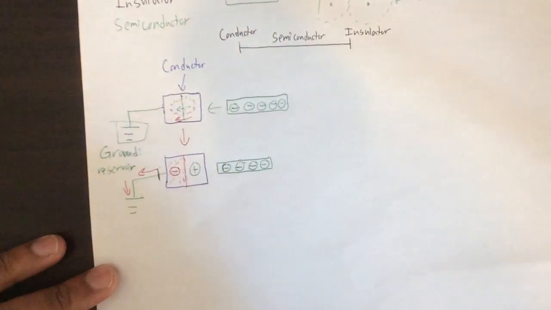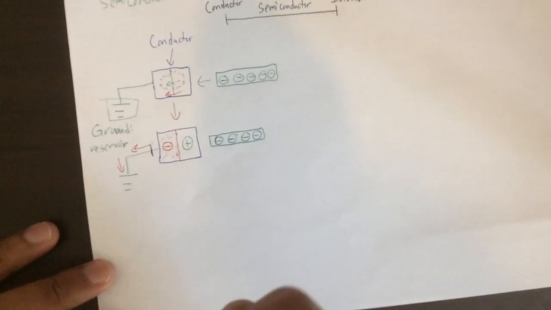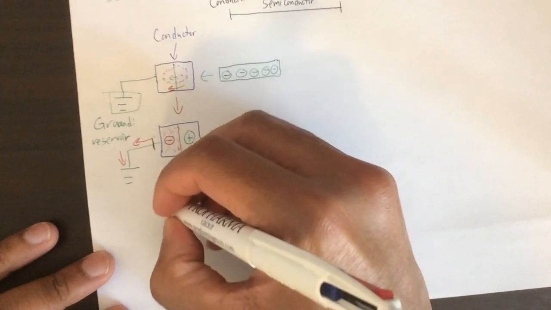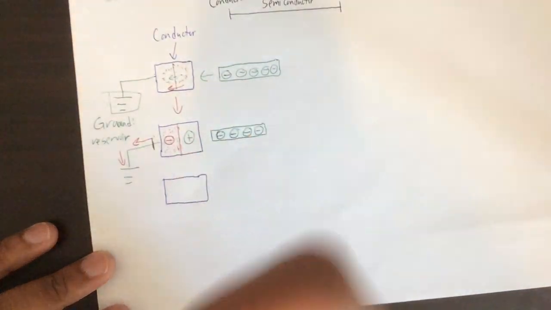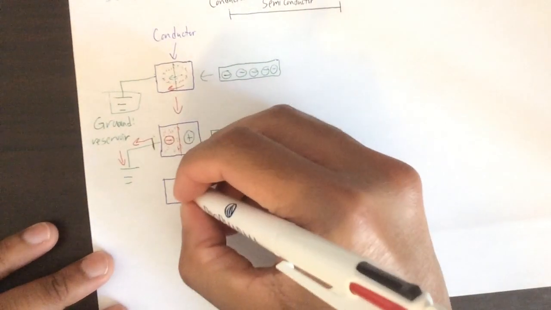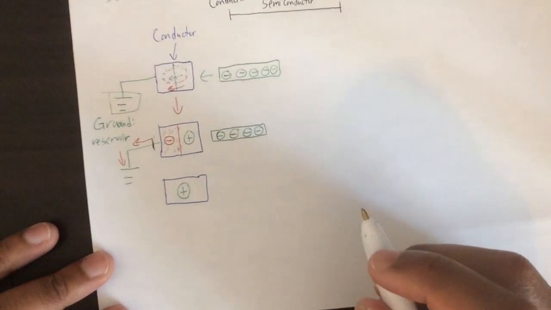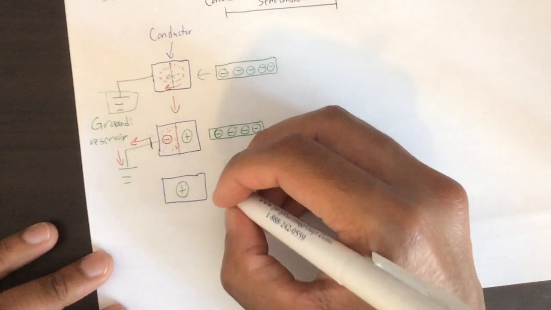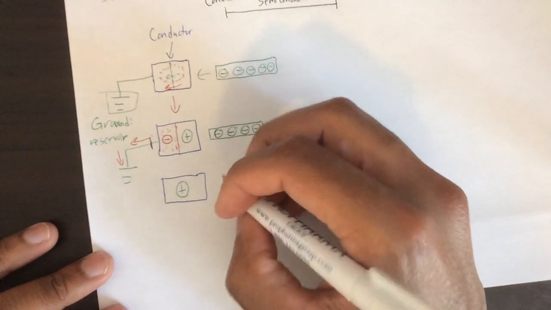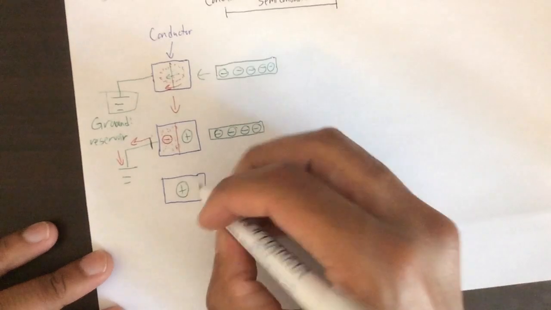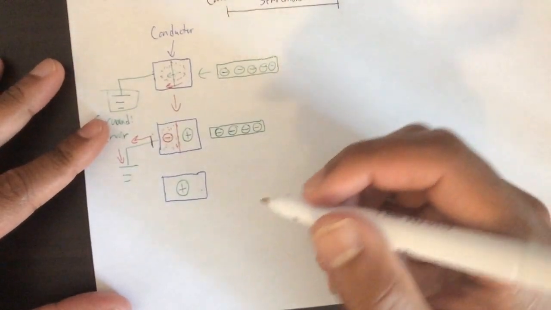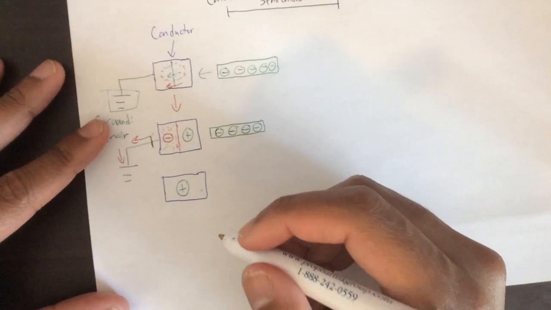Because the electrons have left the material, you now have a material that has a net positive charge, and so this block conductor material has been charged by the process of induction.